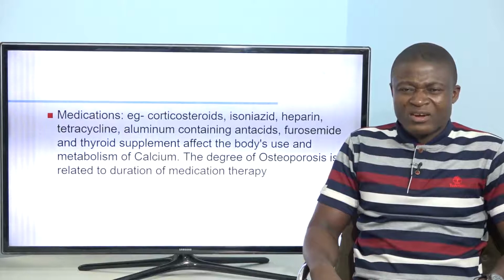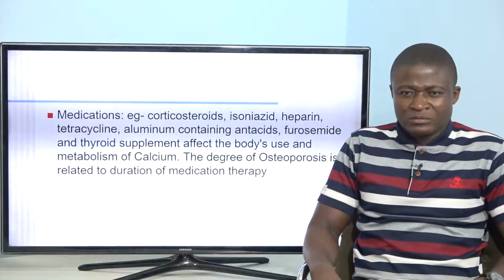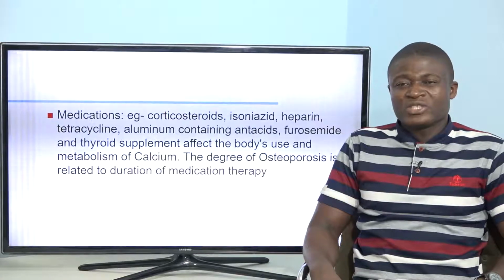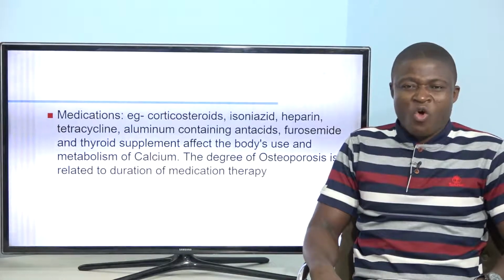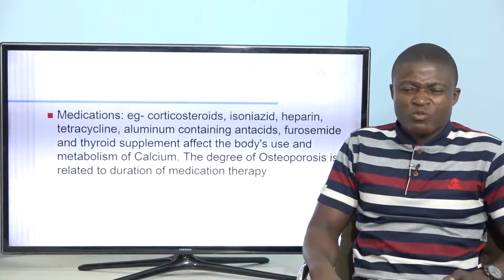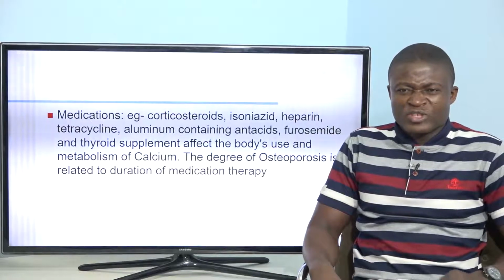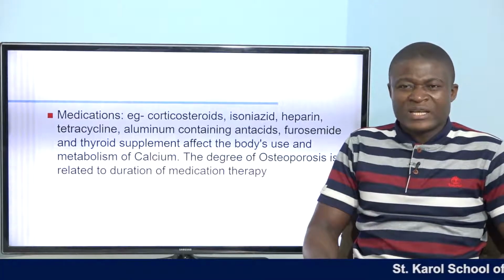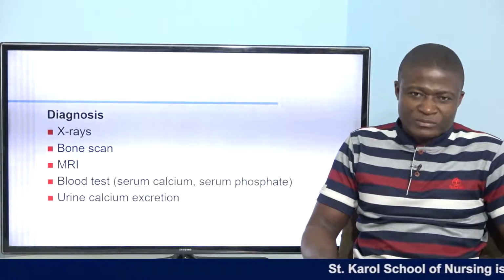And if calcium is not utilized appropriately, it is going to affect bone formation. So what we're trying to say here is that excess use of the above medications will also go a long way to deprive your bone of its proper formation, and this could lead to osteoporosis.